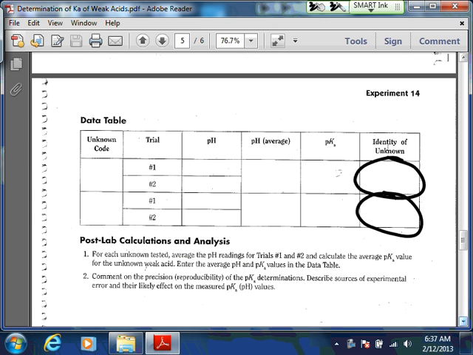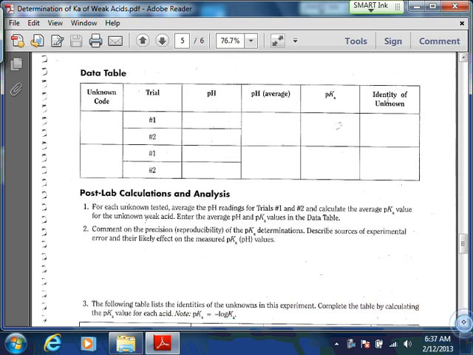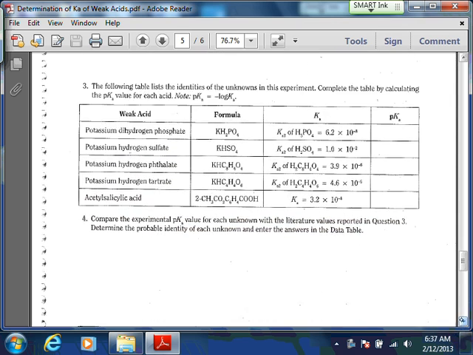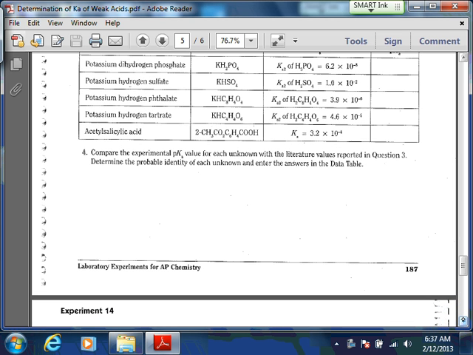There will be a little bit of a component to this lab where I look at your identities and see if you got them correct. This lab usually works out pretty well, so you should be able to figure out the correct unknowns. Then it says compare the experimental pKa value for each unknown and the literature values reported in question 3. Determine the probable identity of each unknown and enter the answers in the table. So we just talked about that.